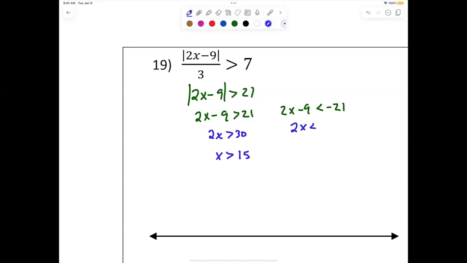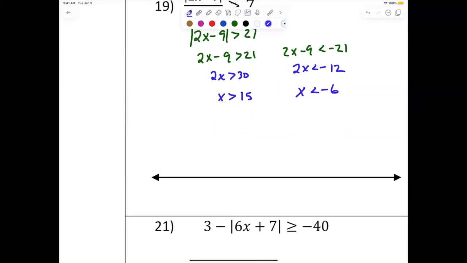Adding 9. 2x is less than -12. Therefore, x is less than -6. So again, if you're greater than 15 and less than -6, here's -6, here's 15. Greater than is going to the right.